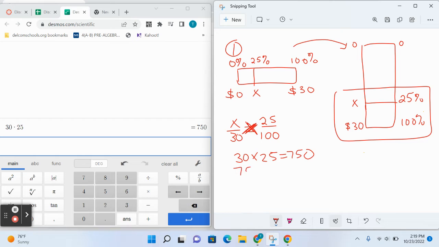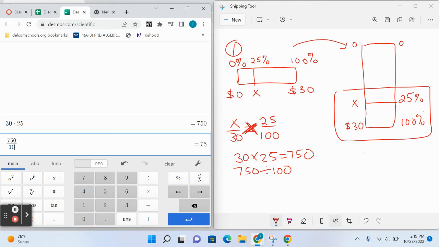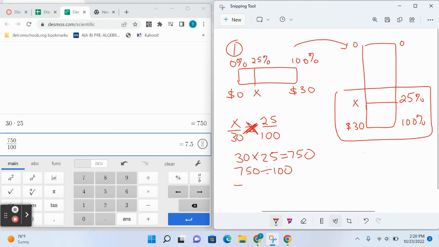Then take that number and divide by 100. When you divide a number by 100, you basically just move the decimal point two places to the left. Using the calculator, we get 7.5. So the markup is $7.50. That's one way to find the markup.